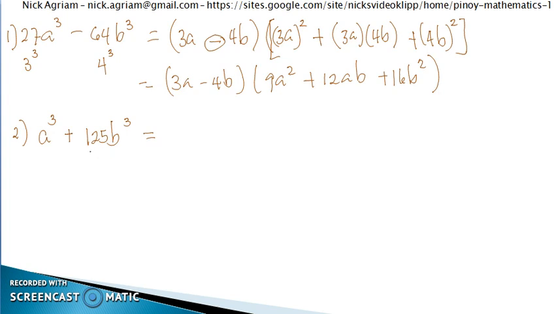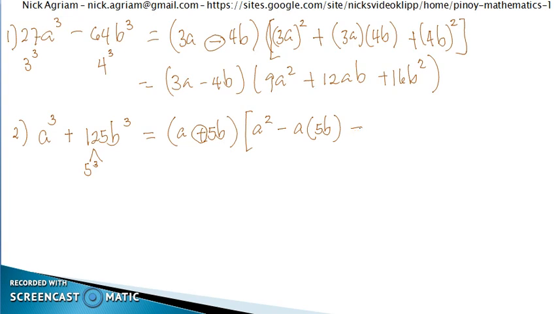Example number 2 is a raised to the power of 3, or a cubed, plus 125b cubed. A cubed you don't have any problem with, but 125 is 5 raised to 3. So we have a plus 5b, and then the square of the first term, a squared. Because this is positive, the second term will be negative, so we have a multiplied by 5b.